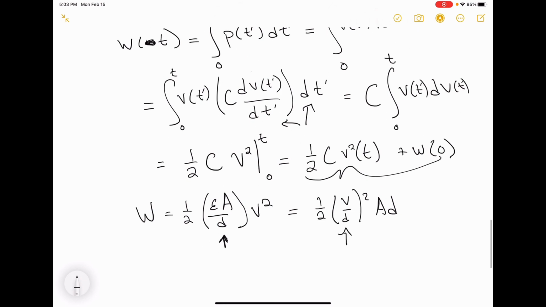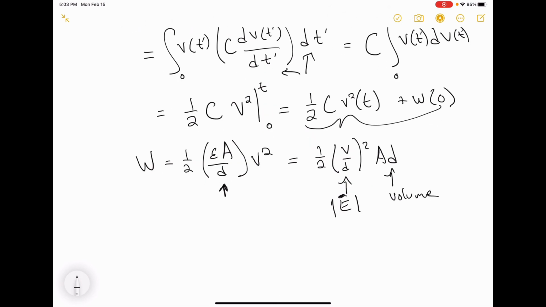Okay, this is the electric field. Well, the magnitude of the electric field. And this is the volume. What we're seeing here is that electric fields store energy in the volume in which they exist.